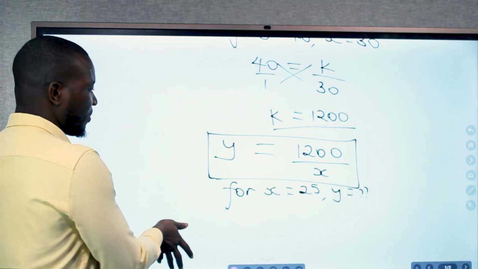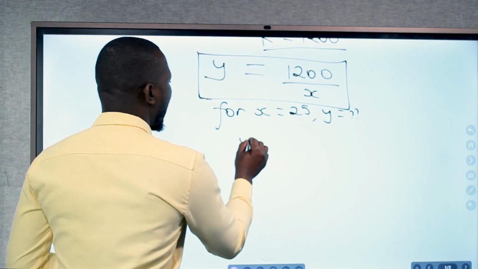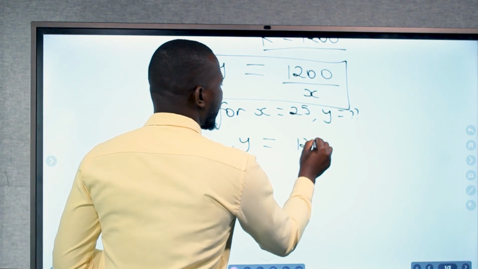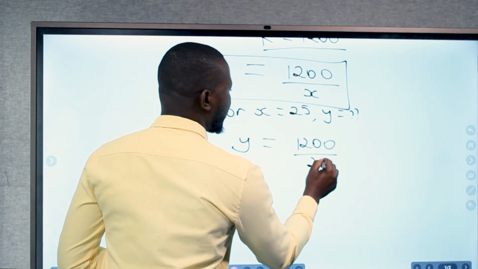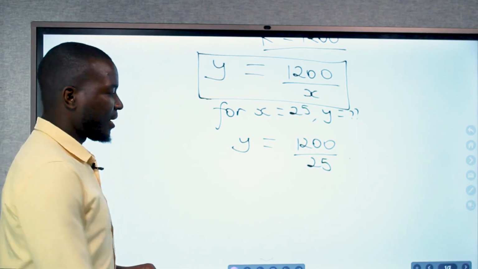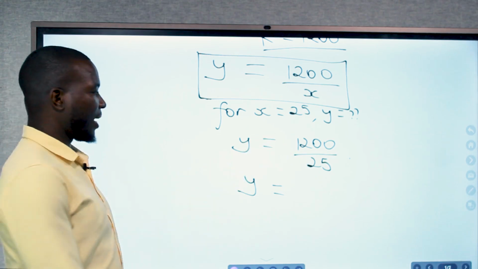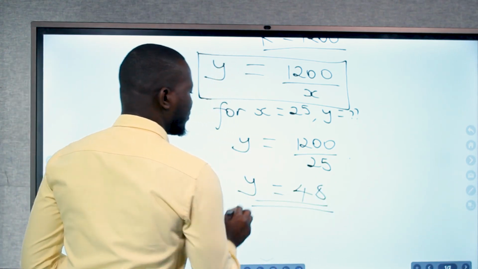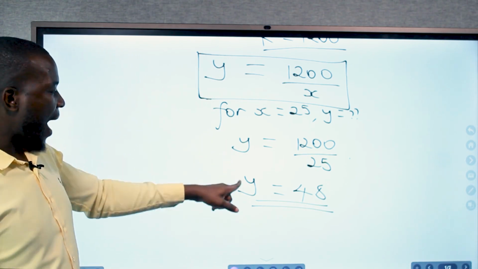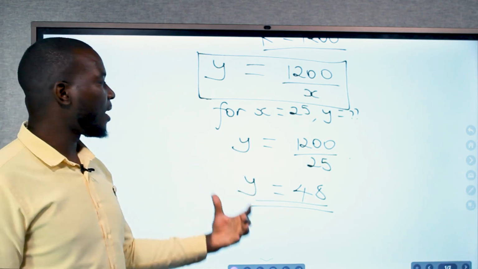It will be just a matter of substituting. So y will be equal to 1,200 out of 25. And when you compute, the value of y will be 48.